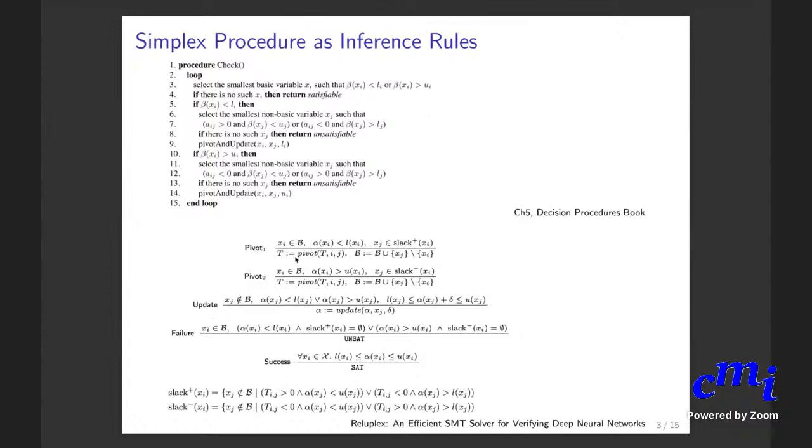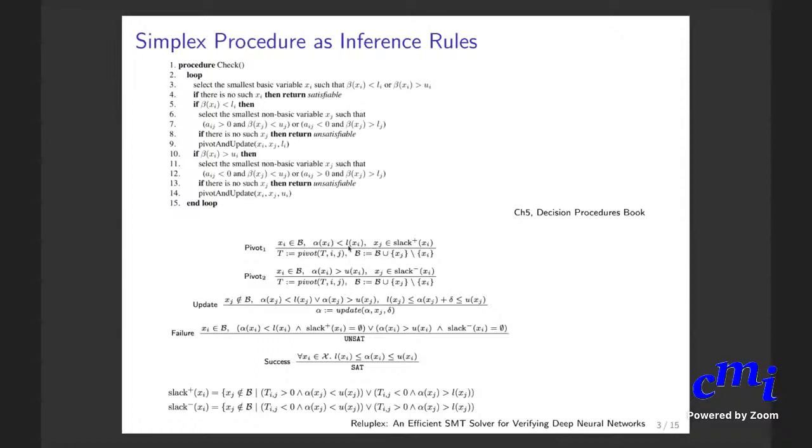All the rest are the same: you have a set of basic variables and non-basic variables, and you pivot whenever a basic variable violates one of its bounds. There are two pivots: one for the case where the violation is at the lower bound, and one where it is at the upper bound.